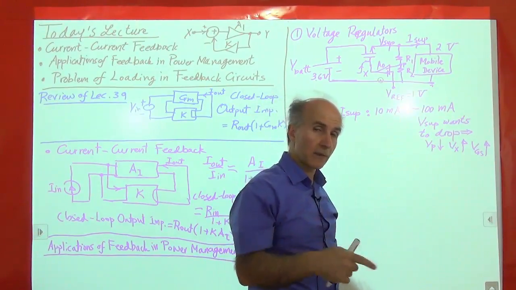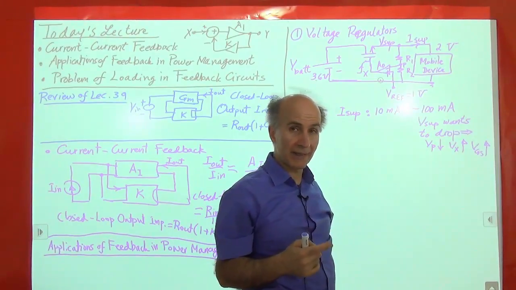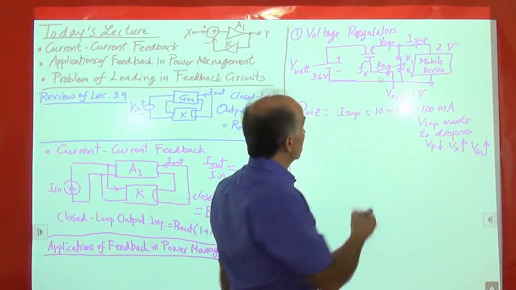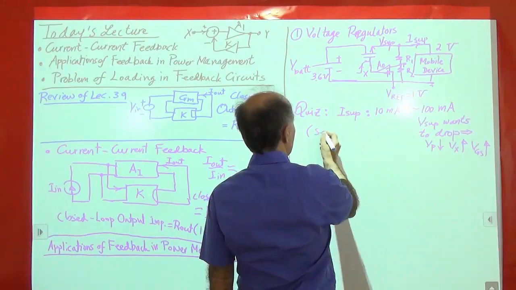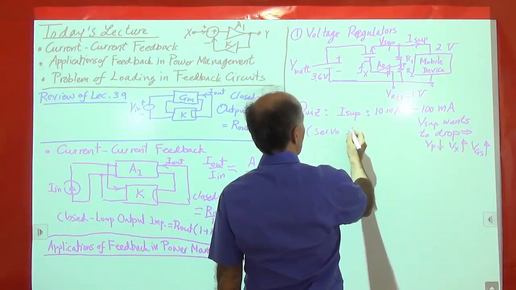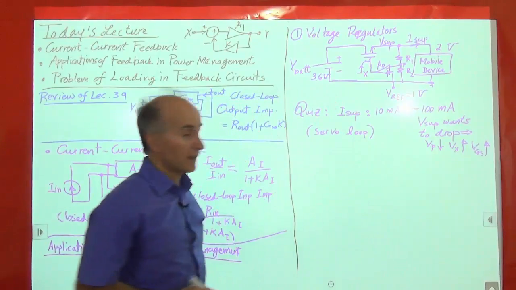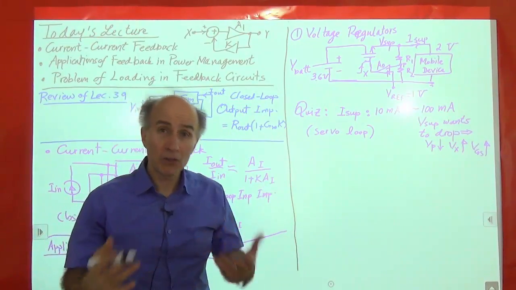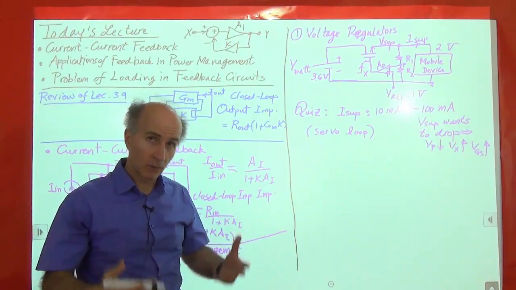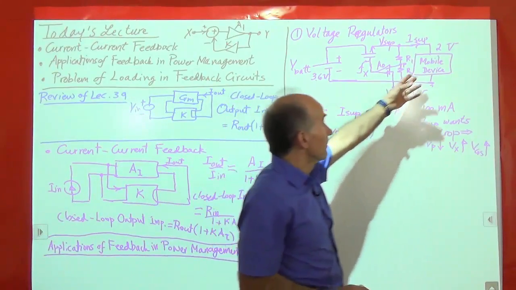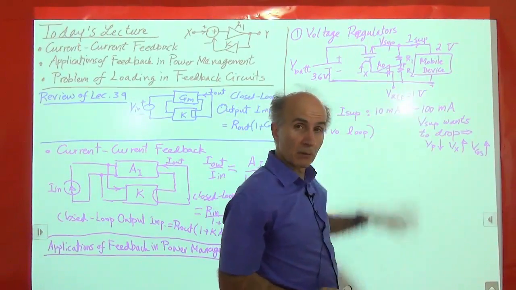All right, so that's how this loop works. Sometimes we call this a servo loop. All right, so you can see that here we are managing the current and the voltage delivered to this device by this simple voltage regulator.